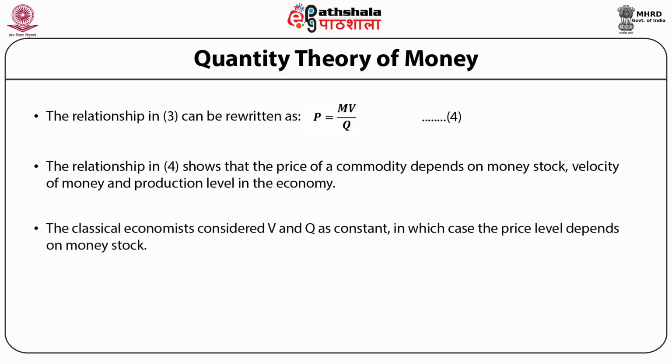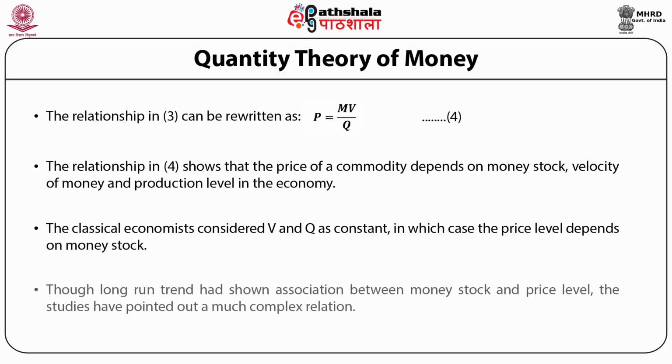The classical economists considered V and Q as constant, in which case the price level depends on money stock. Though long-run trends had shown association between money stock and price level, the studies have pointed out a much more complex relation where all three factors contribute to the change in price level.